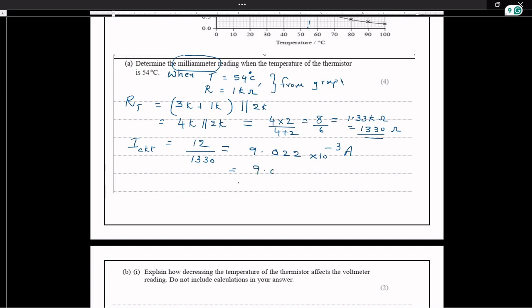So 9.022 into 10 to the power of negative 3 amperes gives 9.022 milliamperes. So this is the milliammeter reading.